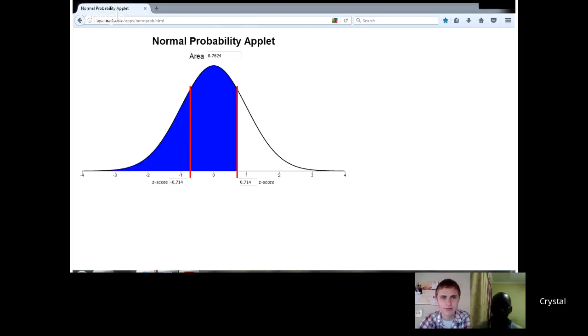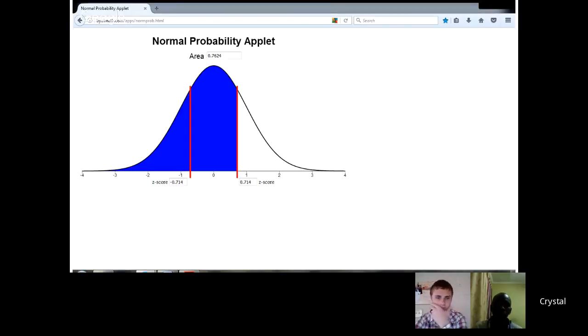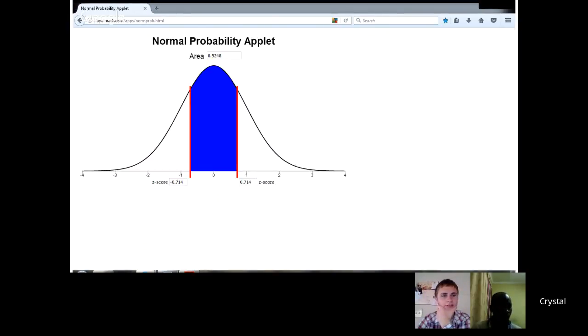Yeah, it's the same z-score, and it makes it easy to find between. Yeah, that's what I got with 0.525.